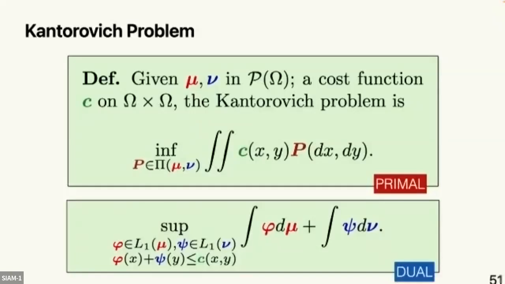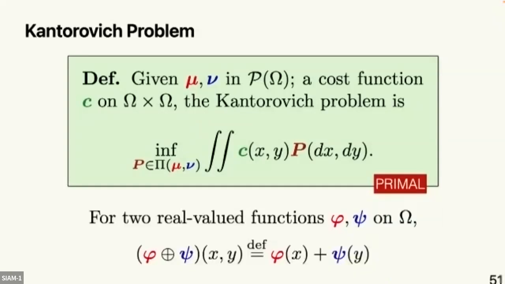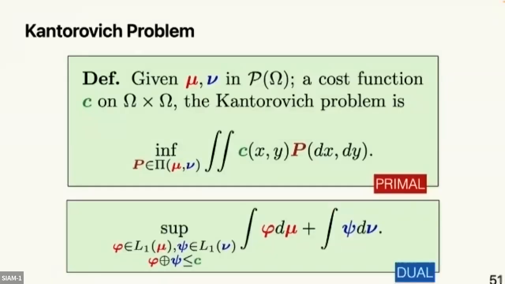And the constraint that alpha i plus beta j is smaller than the cost is now just simply, for every point on the support, phi of x plus psi of y is smaller than the cost between x and y. I will use this notation because it's slightly handier sometimes. It's just the tensor sum of phi of x plus psi of y, so I'm going to write this ⊕ here to denote this.